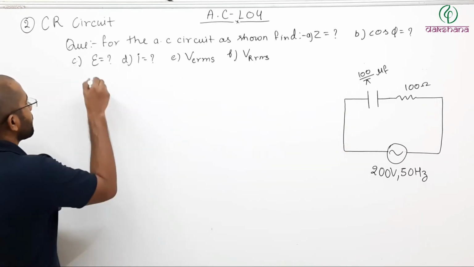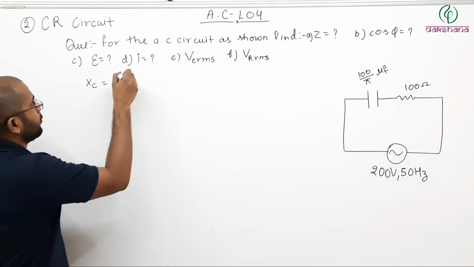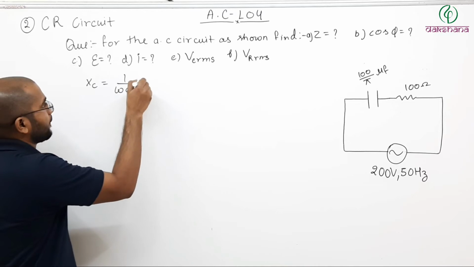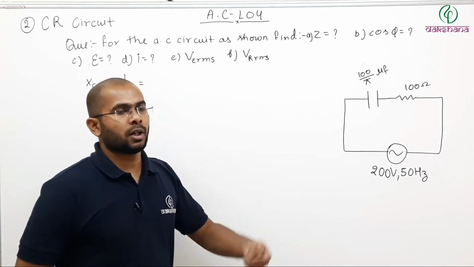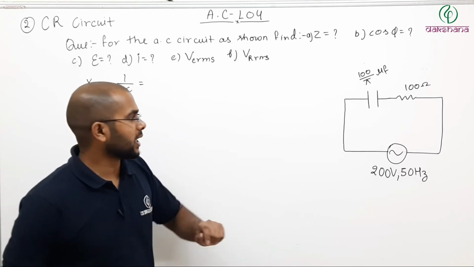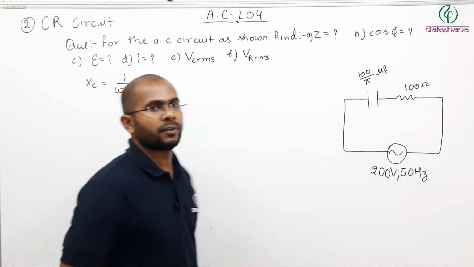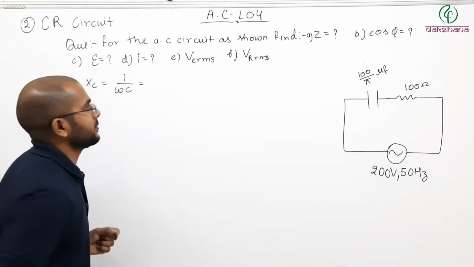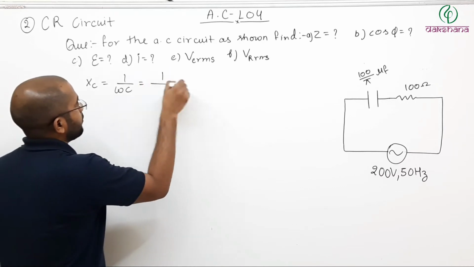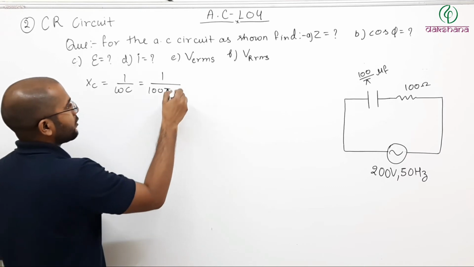In order to find the impedance, first I need to know the reactance of this capacitor. XC equals 1 by omega times C. And what is omega? 2 pi times frequency, because omega by 2 pi is frequency. Frequency is 50 hertz, so 100 times pi would be your omega. So 1 by 100 pi, and C is 100 by pi microfarad.